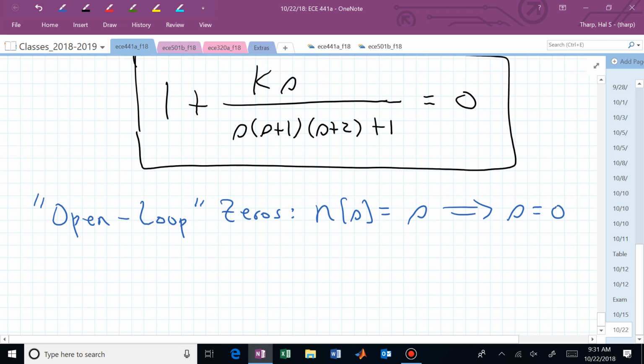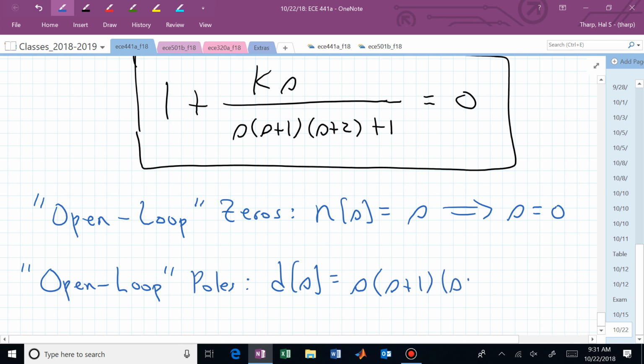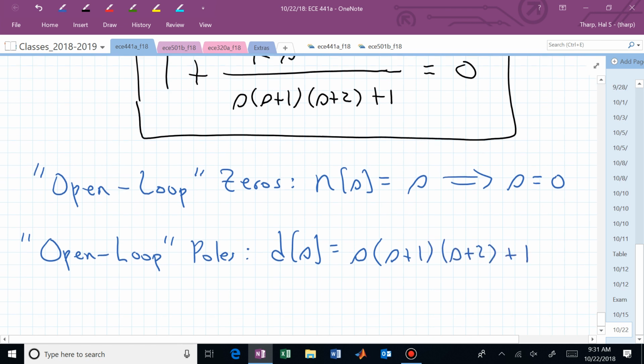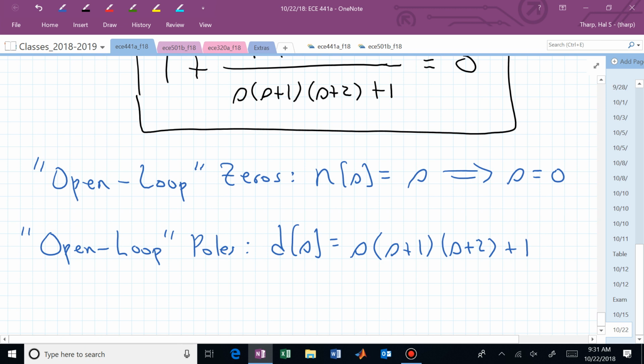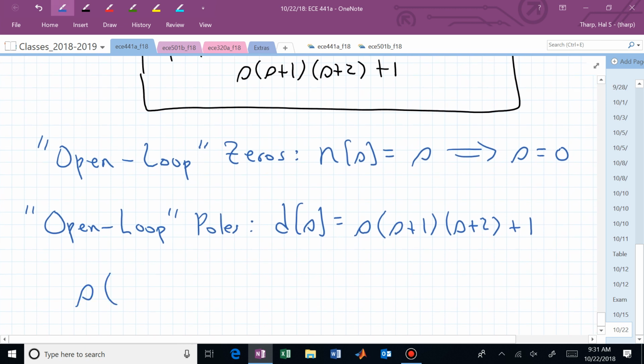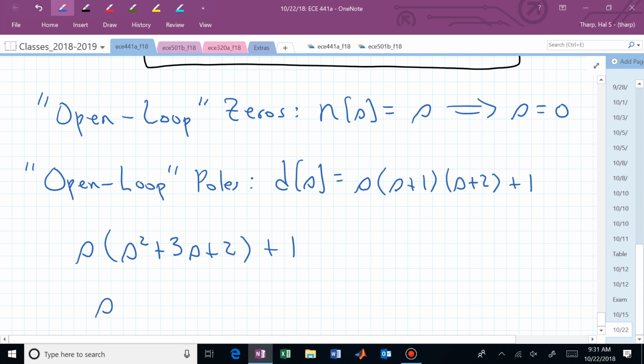What about our open loop poles? Those are found by setting d of s equal to 0. d of s is now, if we start multiplying that out, s squared plus 3s plus 2 plus 1, or that's now s cubed plus 3s squared plus 2s plus 1.